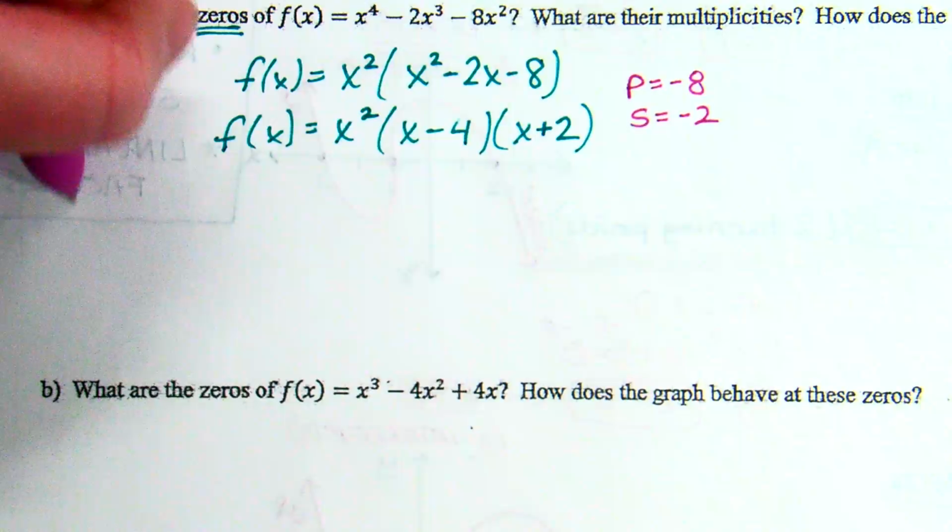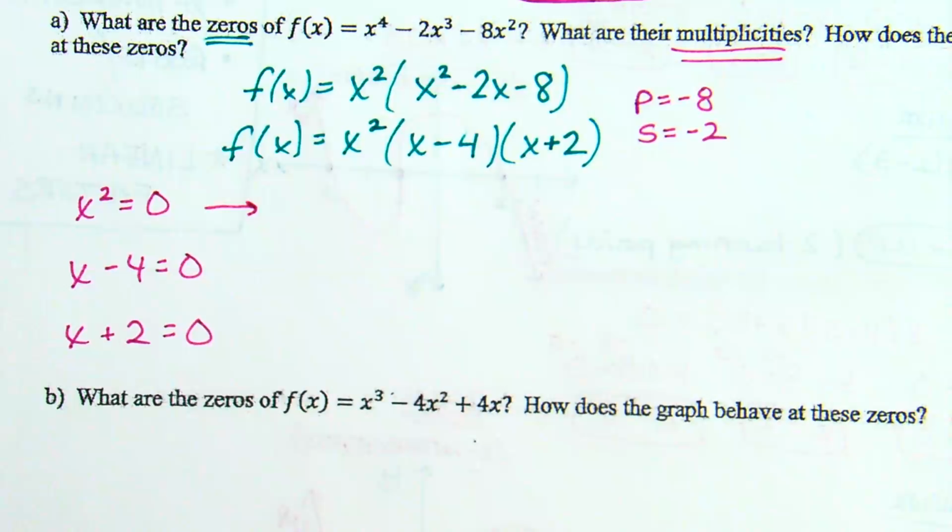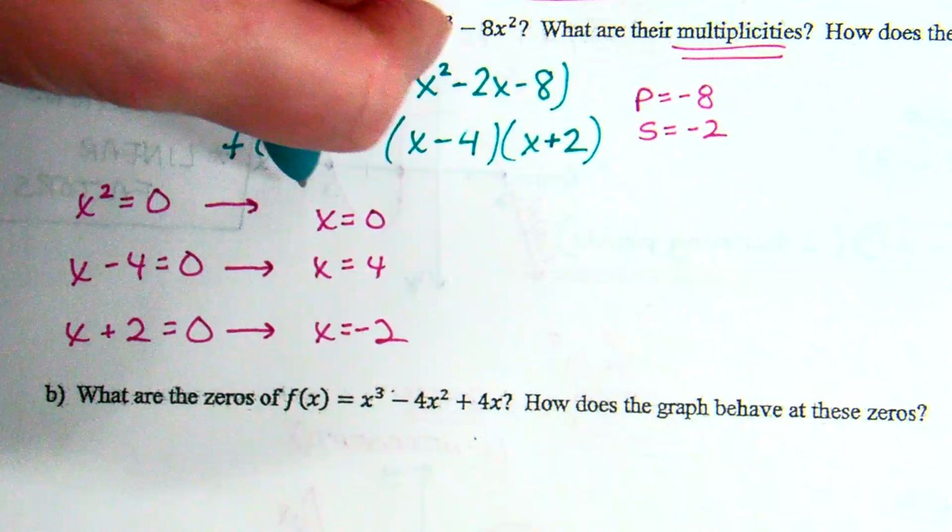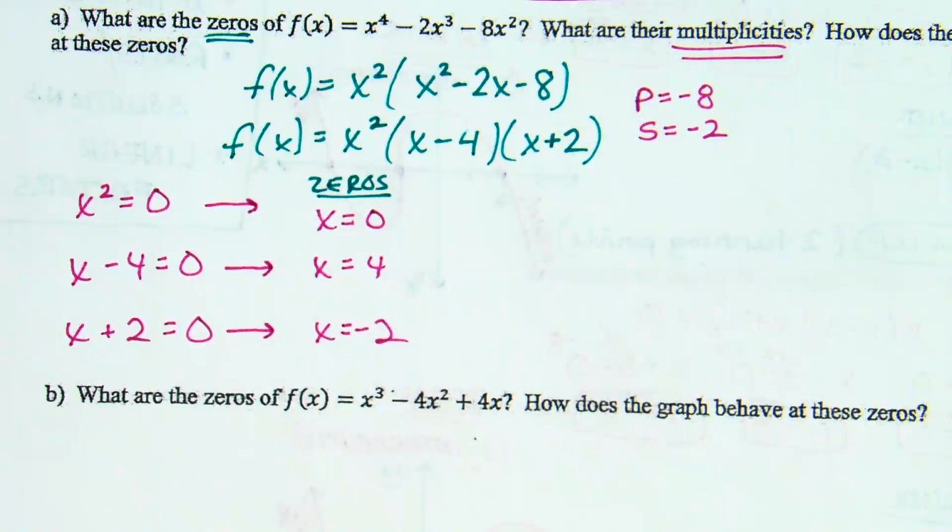When it says x squared equals 0, you would solve that by square rooting, and the square root of 0 is 0. What about x minus 4? X equals 4. And x plus 2? X equals negative 2. So that column is my x-intercepts, the zeros.